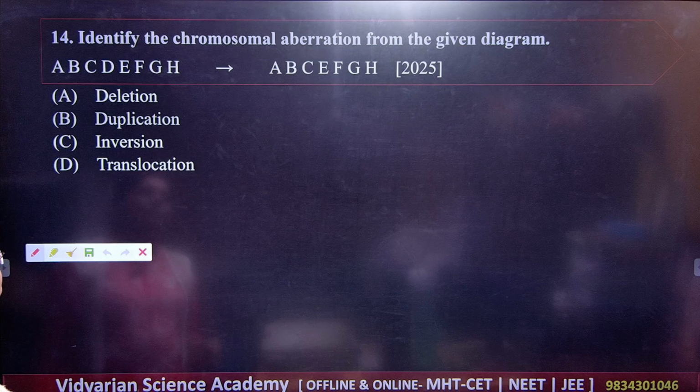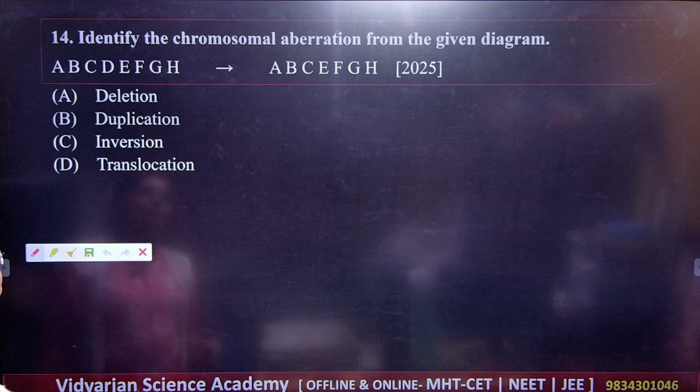This will not give you the process of meiosis. It will give you mitosis only, and mitosis is just the duplication, right? So D is your correct answer, where you are not getting the genetic variation at all. Remember, only in sexual reproduction, due to crossing over and recombination, you are getting the variations, right?